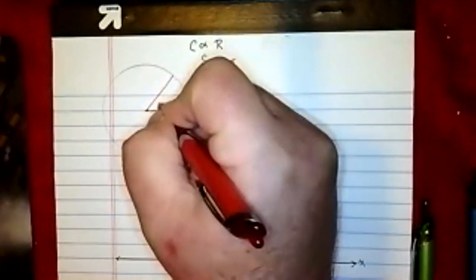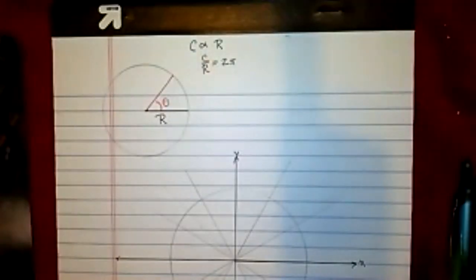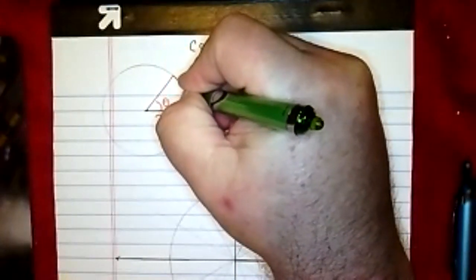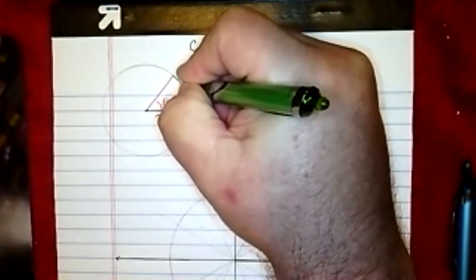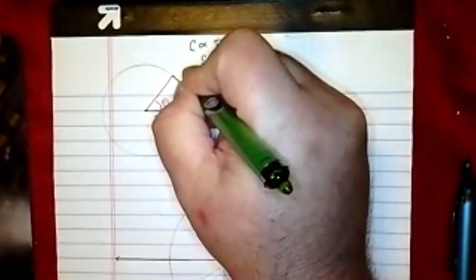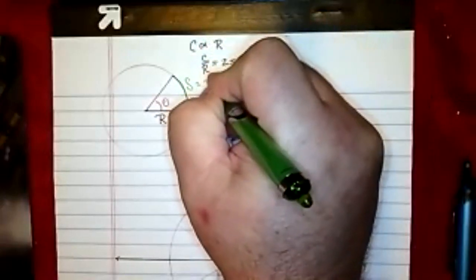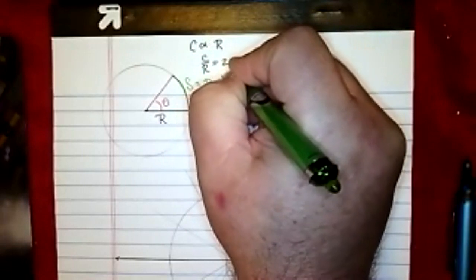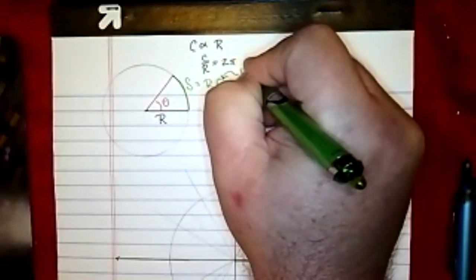If you allow that to sweep out an angle theta, which I'll indicate by this, that actually gives us an arc length, and that arc length we'll call S. So it makes this arc length right here S, and the general formula for it is S is equal to r times theta. But in order for this formula to work, you have to identify theta in radians.